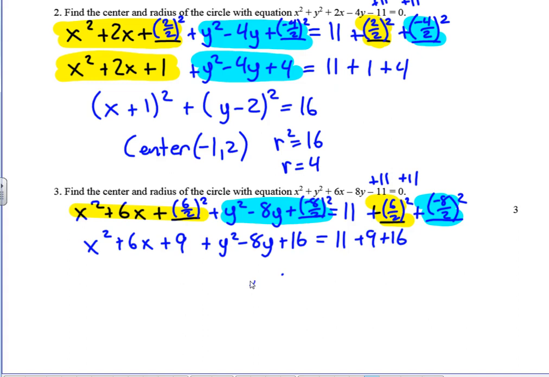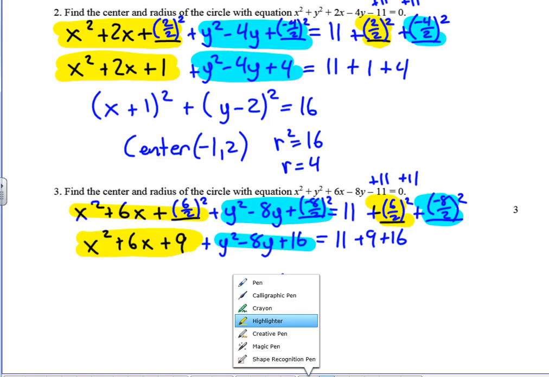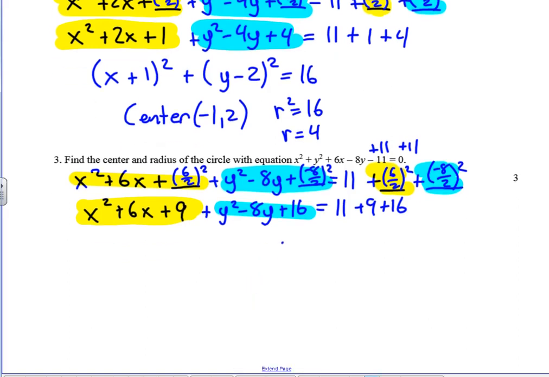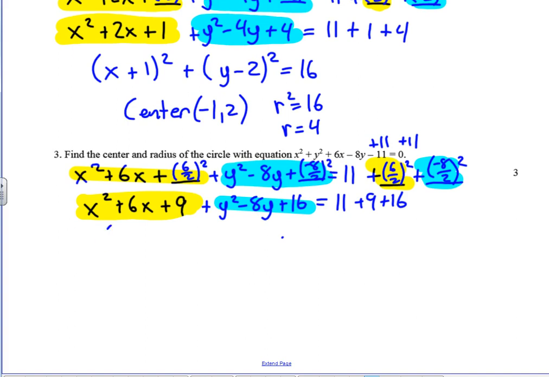Okay, now what are we going to do? Well, we're going to rewrite those, and I'll show you which ones. I'll still have our highlighter here, so we're going to rewrite this into a binomial. We've created a perfect square trinomial, so we're going to rewrite them as a binomial.